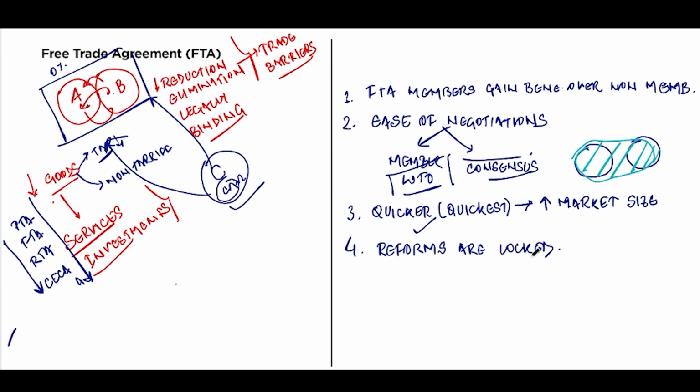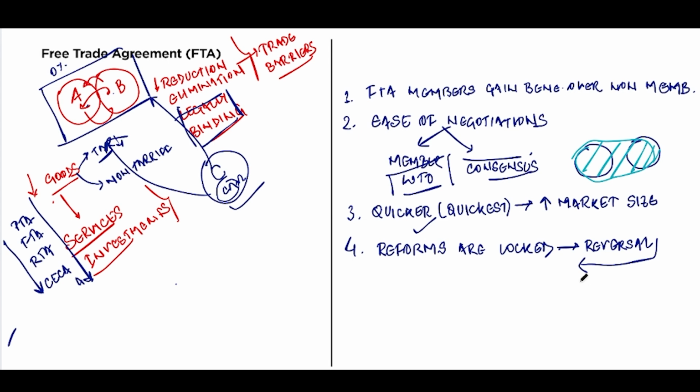Also, you can see that by entering into a binding agreement with another country, whatever commitments are made which become effective, basically countries lock in their reforms in perpetuity, where the reversal from the commitment becomes difficult, no U-turn possible.